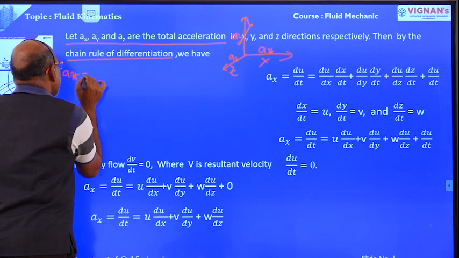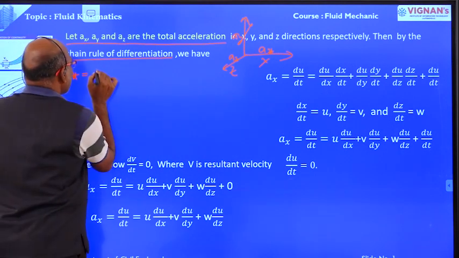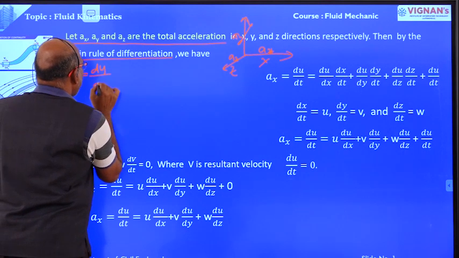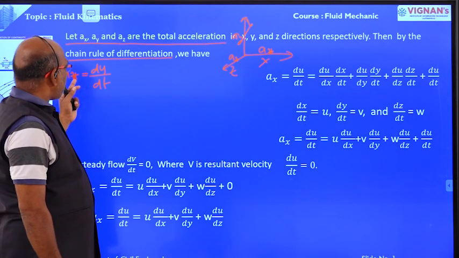acceleration in the x direction, ax, is equal to the rate of change of velocity with time, that is du by dt in the x direction.